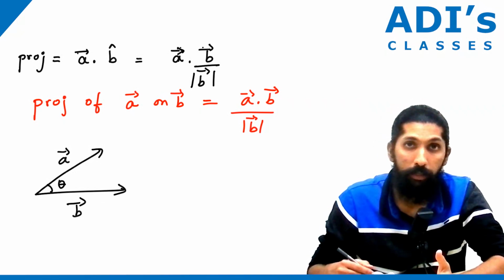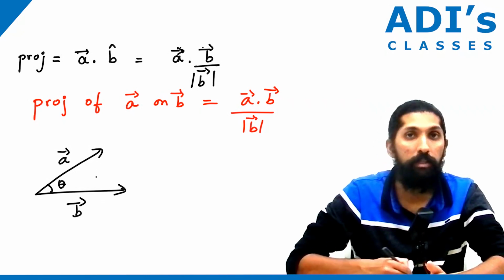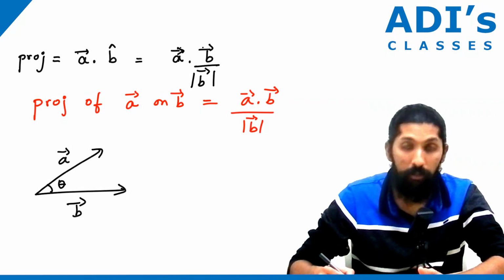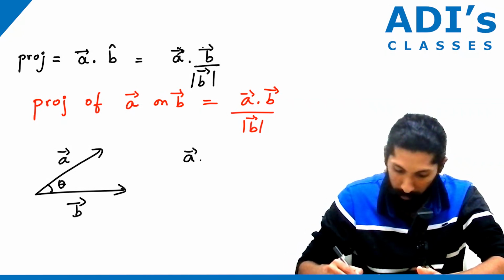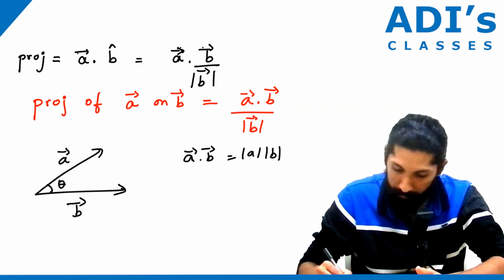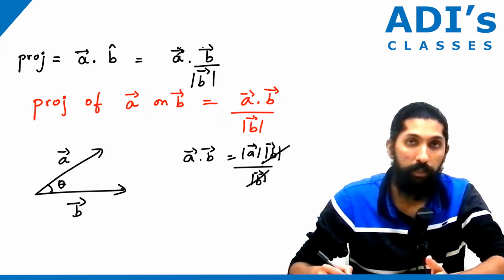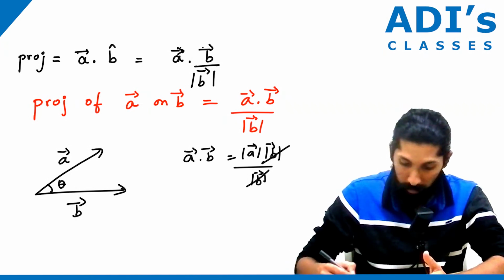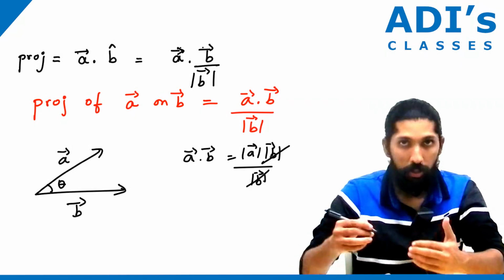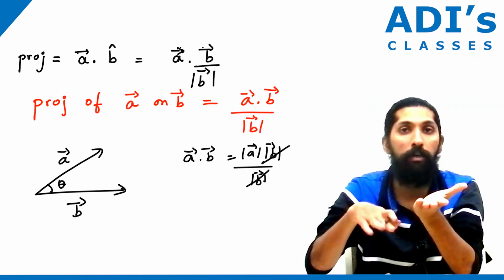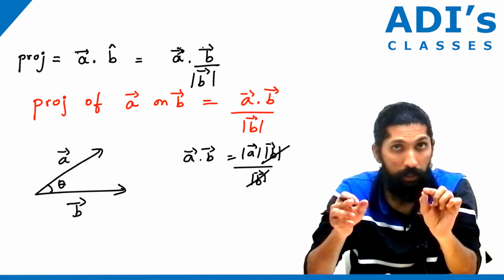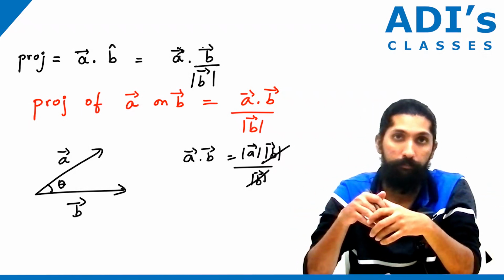Now A and B are one and the same, right? Apply that to the formula. A dot B is mod of A into mod of B, correct? Divided by mod of B, it cancels. That's nothing but A. So the projection equals vector A if theta is equal to 0 degree.